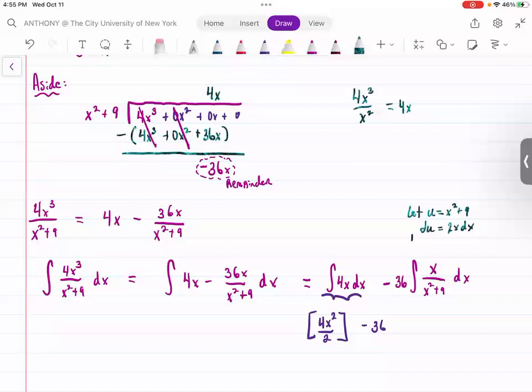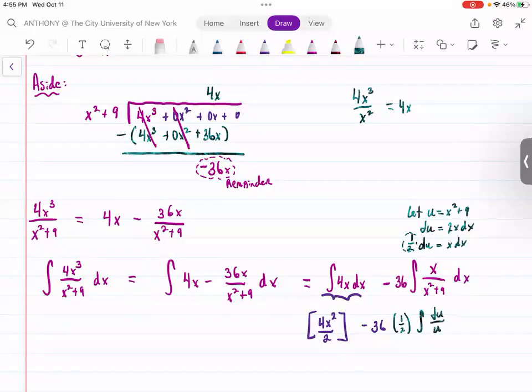So I say 1/2 of du equals x dx. So we're going to have negative 36 times 1/2 of the integral. I have to do a u sub there. I had no other choice. 1/2 of du over u.